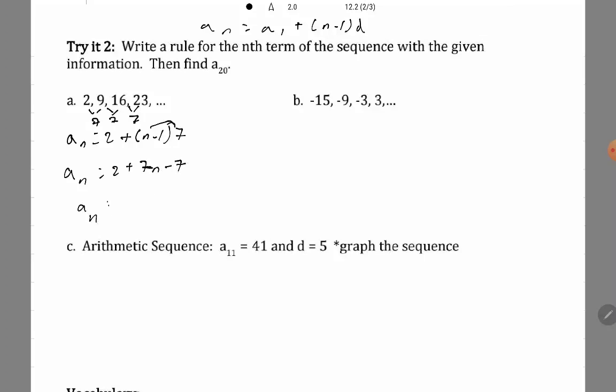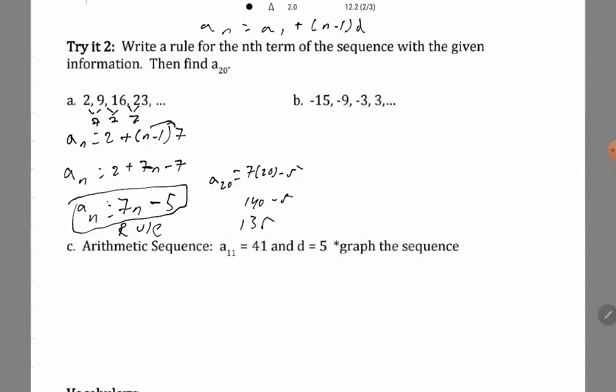So a sub n equals 7n minus 5. This is my rule. Now they want to find a sub 20. The 20th term is equal to 7 times 20 minus 5, which is 140 minus 5, which is 135. So that's my 20th term.